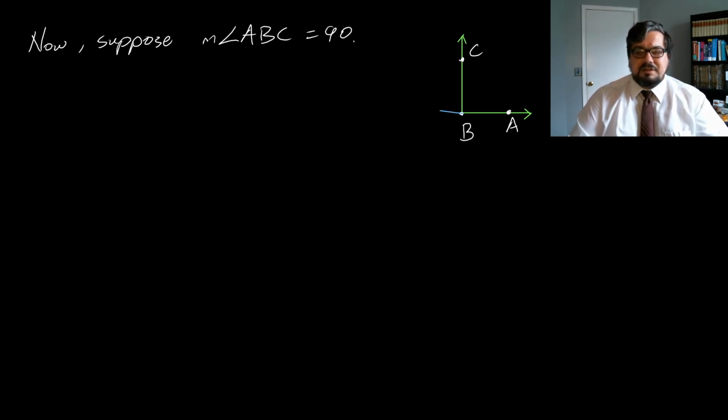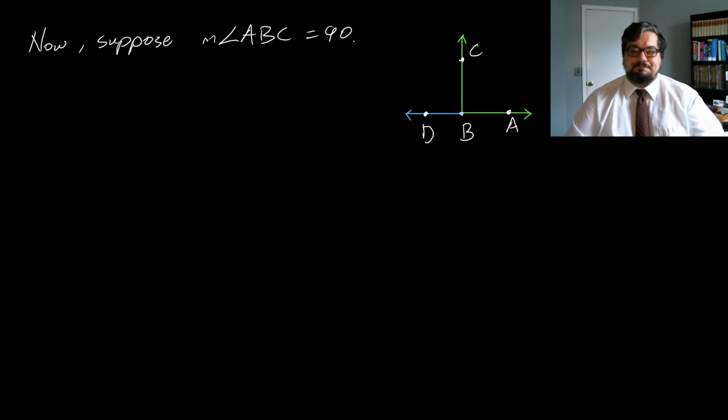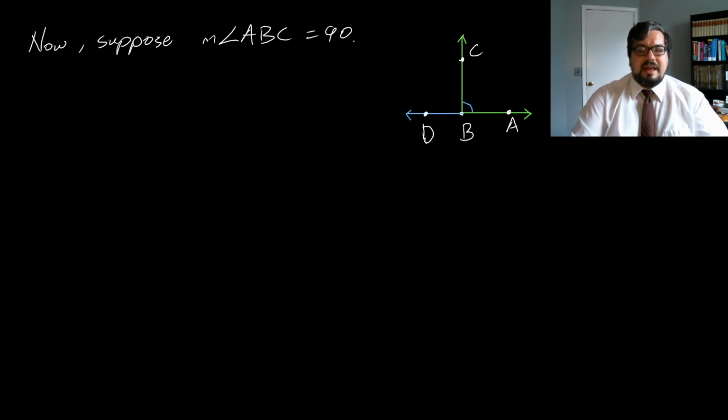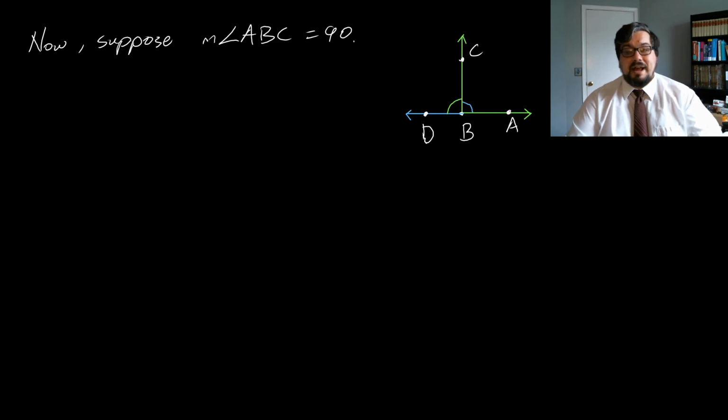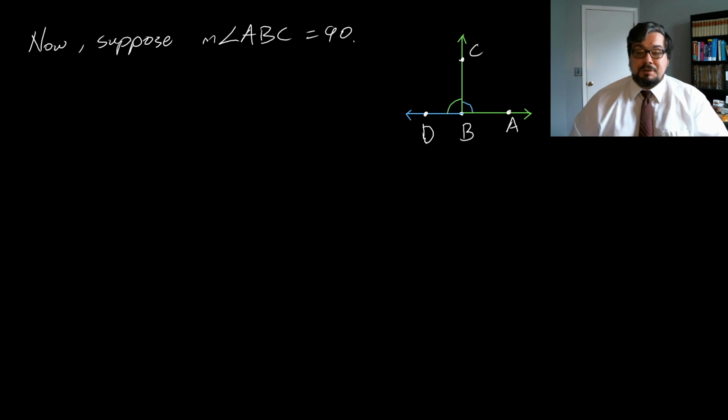So the easiest way to do that would be to construct a ray going this way, say. And now once we do that, then we'll have that the angle ABC and the angle DBC form a linear pair, and that will at least get us part of the way there. Hopefully we'll be able to prove that those two angles are congruent to each other.